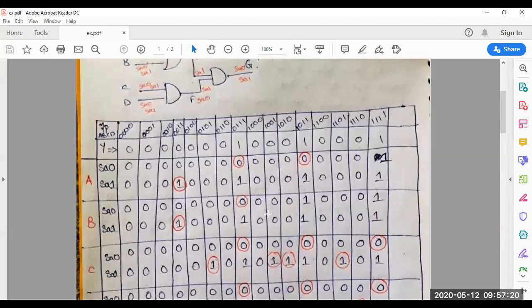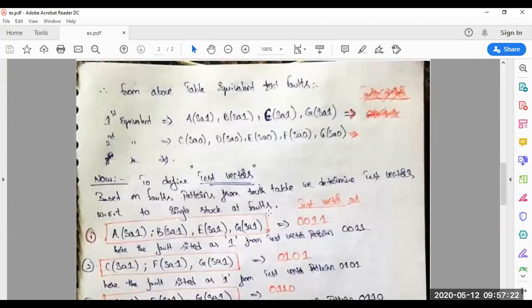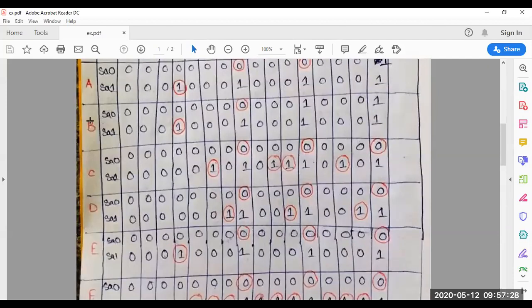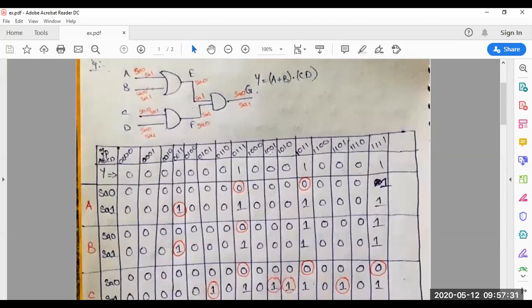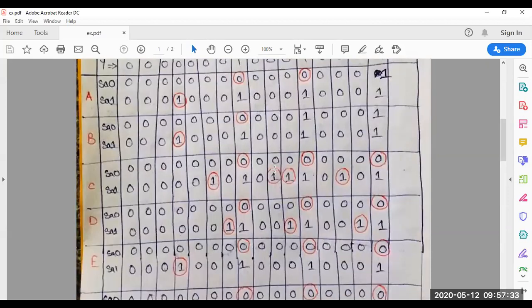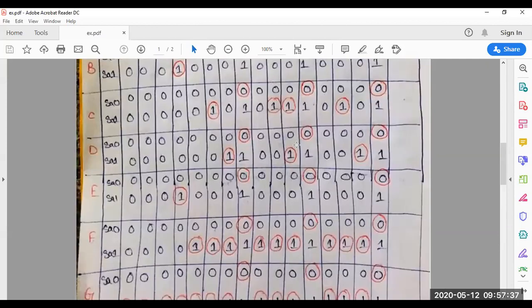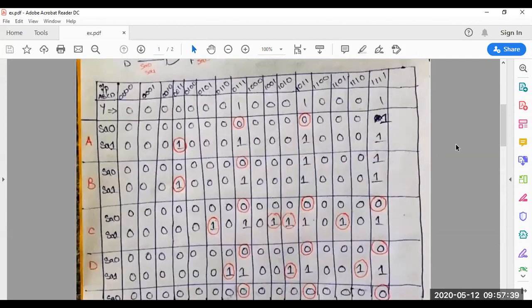From this, now we are going to find out the test vectors, the test patterns generated from this logic gate circuit. From this truth table, we can identify the equivalent test vectors.